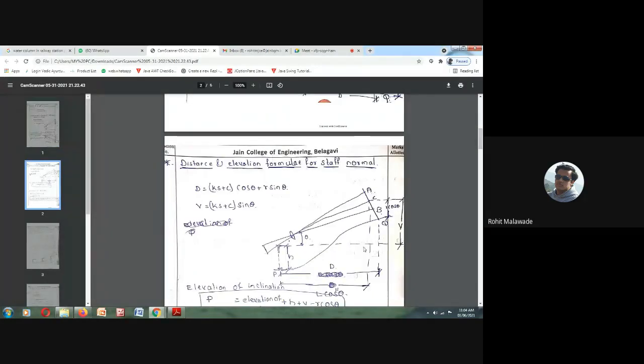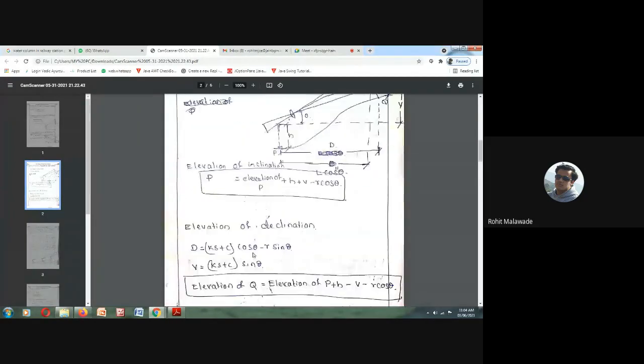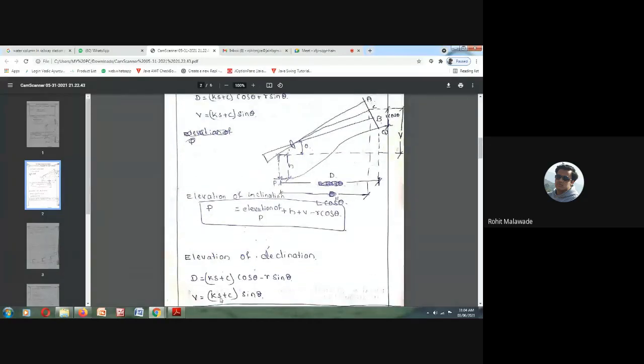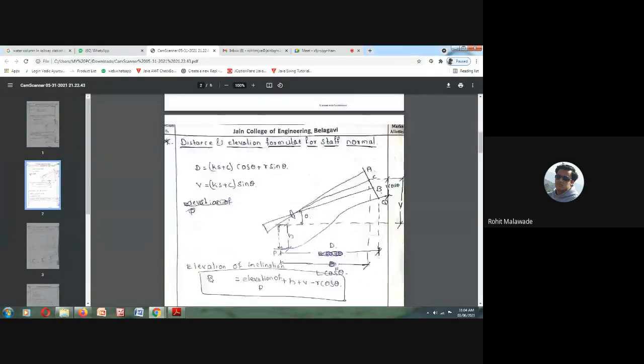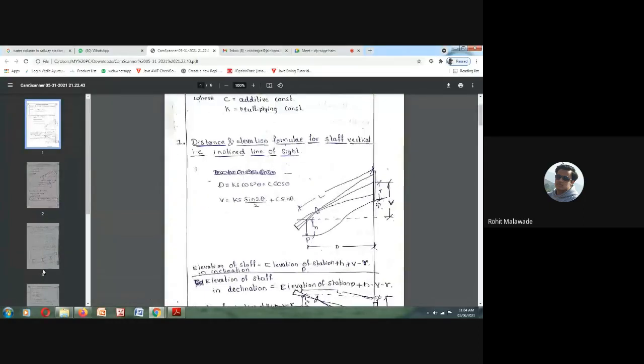Now, if the staff is held normal, then we will use these formulas: D is equal to Ks plus C cos theta plus R sin theta, and V is Ks plus C sin theta. Here, if it is in declination, plus will become minus, and V will become the same, right? This is what we need to have when we are going to solve the problem.